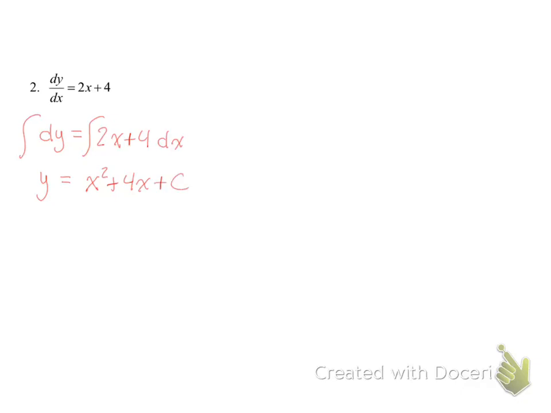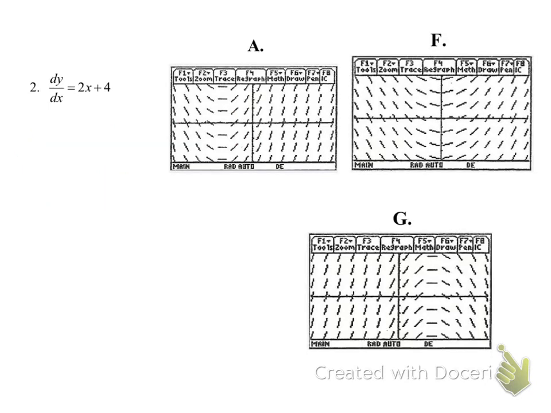If you look at all of your options, you should have 3 options that look like this graph. This graph makes a parabola. So we have 3 options, A, F, and G.